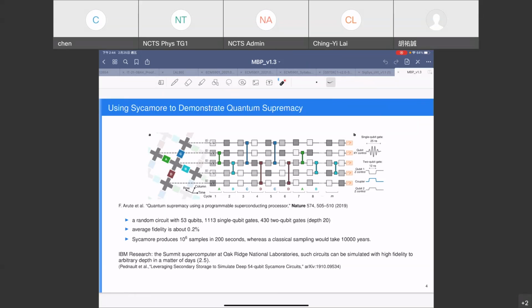But IBM later claimed that you only need 2.5 days to do this task. However, there is still a very big gap between 200 seconds and 2.5 days, right? So we still believe this is quantum supremacy, meaning that we can use a quantum computer to perform some tasks that cannot be efficiently done on a classical computer.